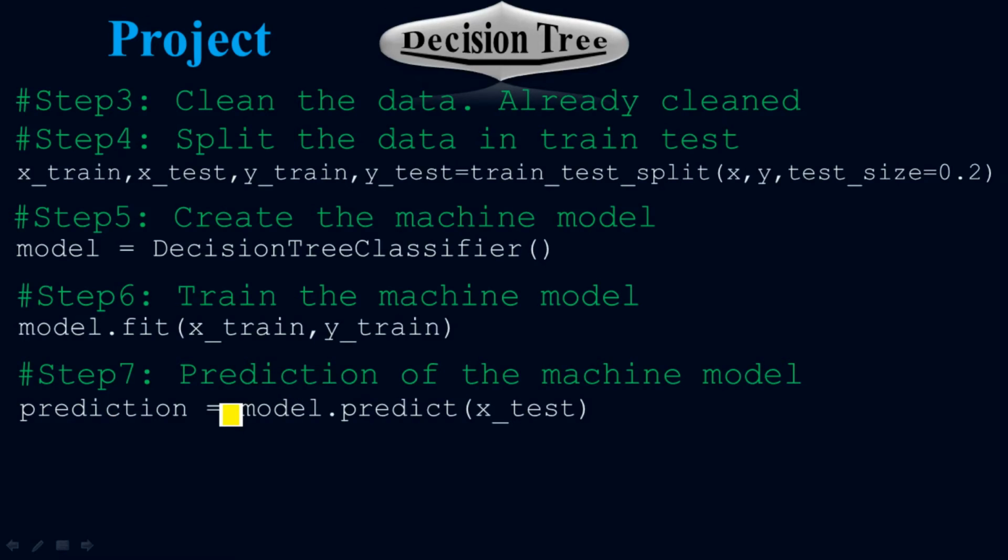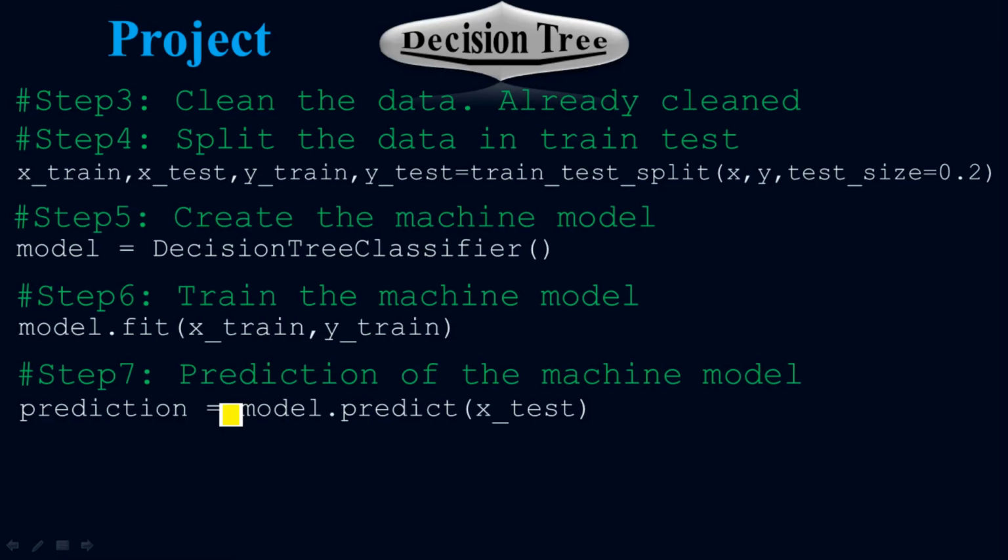Now you might be confused about why I need step number 7 if we have step number 8. Step number 8 is the final evaluation of the model. But why do we need step number 7? Look, sometimes you need to check the model, to get some kind of output of the model before going for the final stage, before going for the final evaluation.